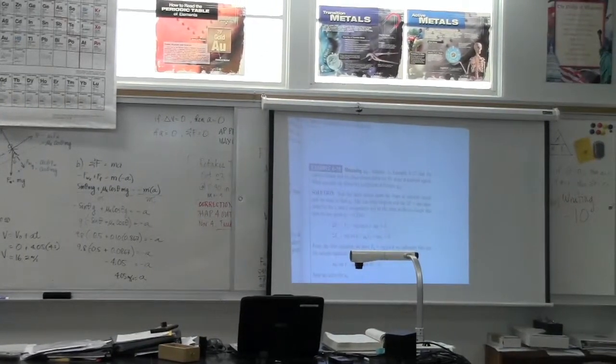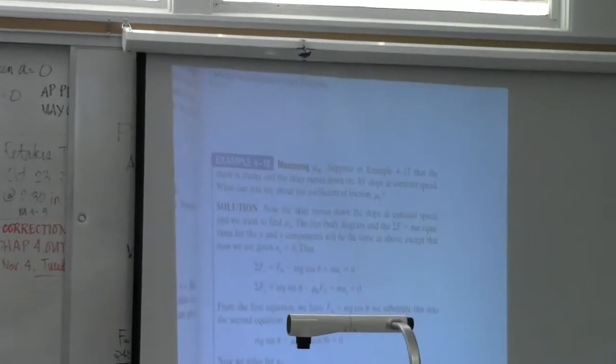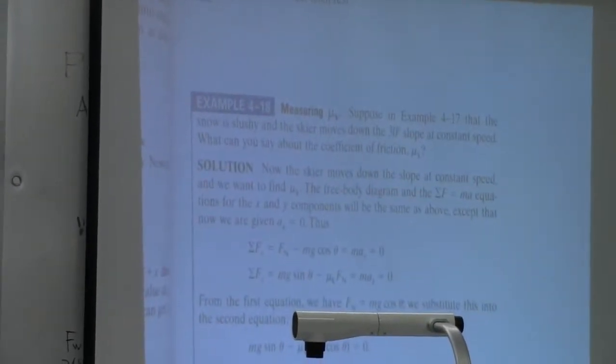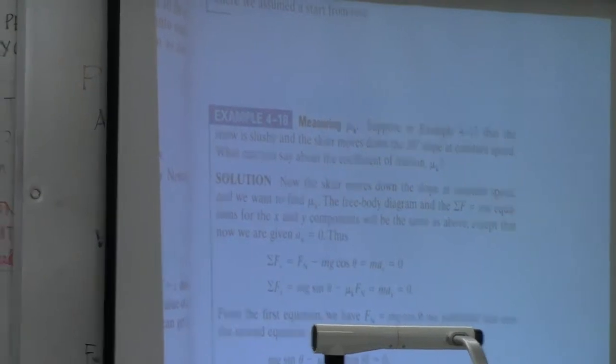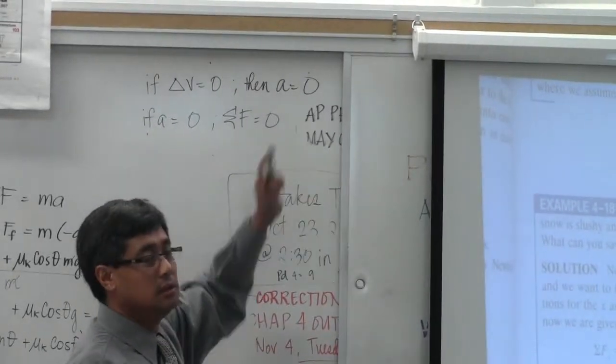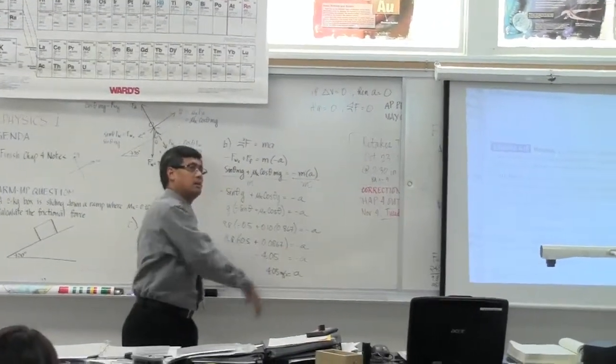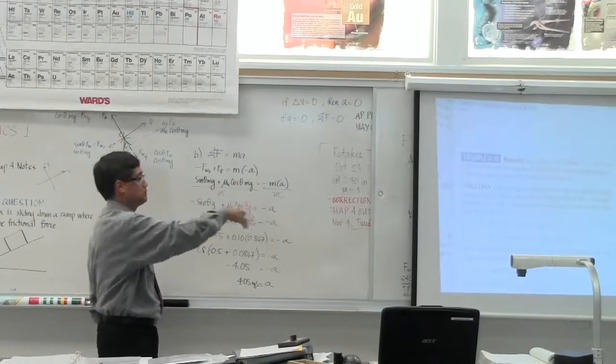It's 0. It's not accelerating, right? So acceleration is 0. So I wrote here, if delta v, the change of velocity, is 0, then acceleration is 0. So this time, the skier is not accelerating, it's just moving at constant speed.